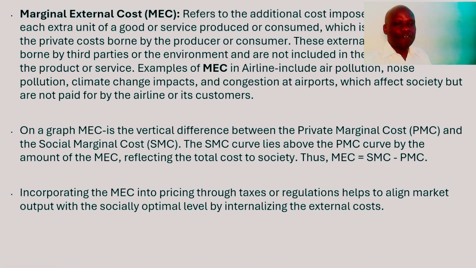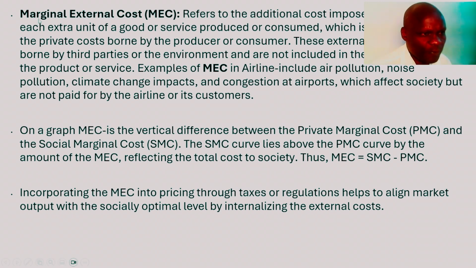The ticket prices are considered relatively low because they don't reflect the social cost as would otherwise be expected. That's why every extra flight you see in the sky imposes an additional cost on society, and that's what we refer to as marginal external cost.